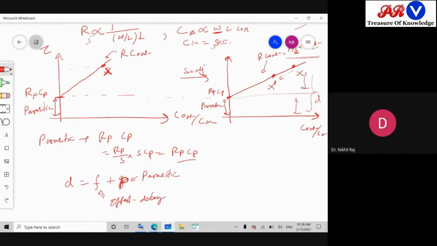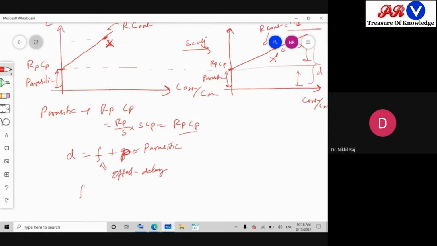And what was your F? This F was further written as F equals G into H, where G was your logical effort and H was your electrical effort.